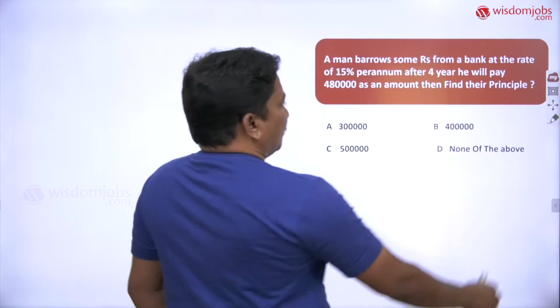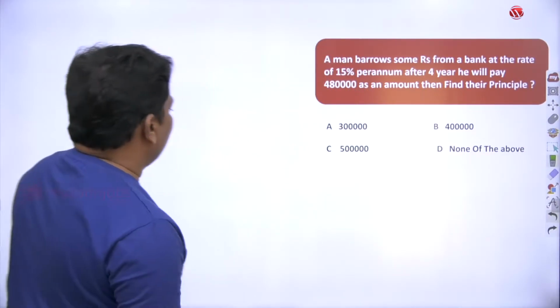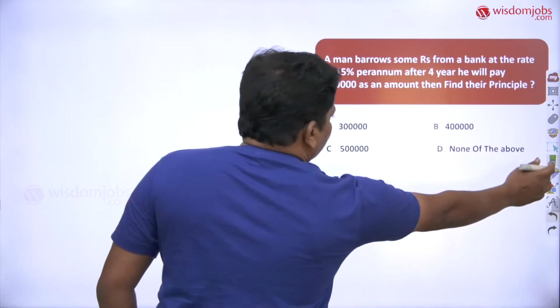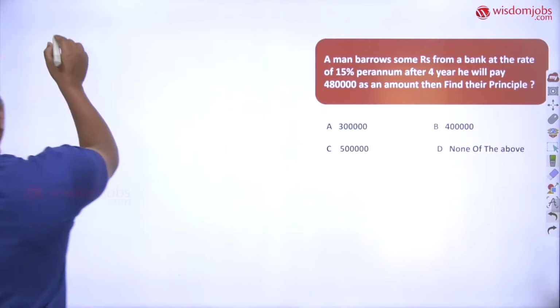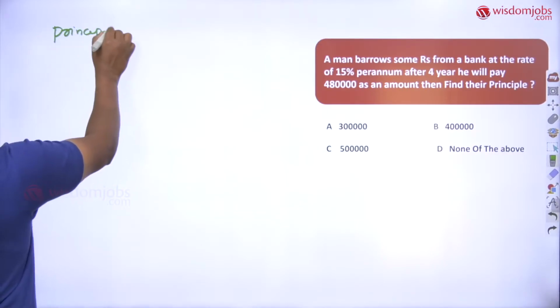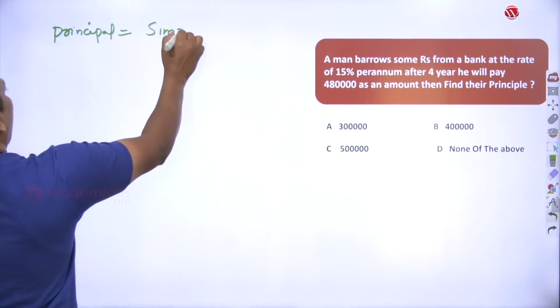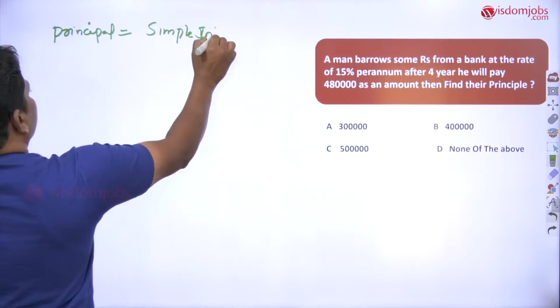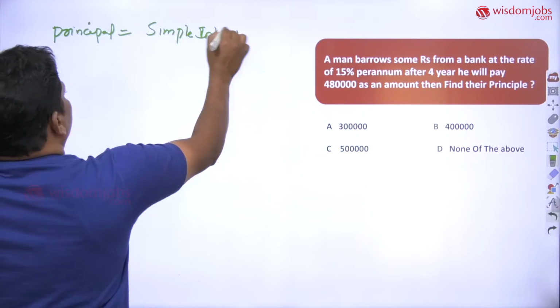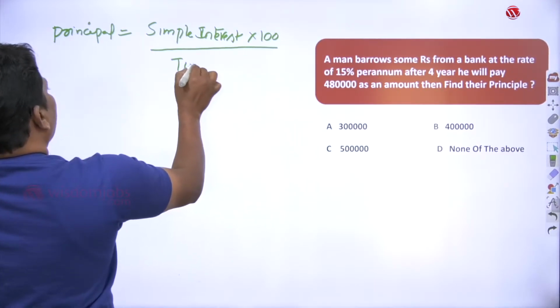Dear students, when you find the principal value, you have 2, 3, 4 formulas. One formula, see this one: principal equals simple interest into 100 by time into rate.